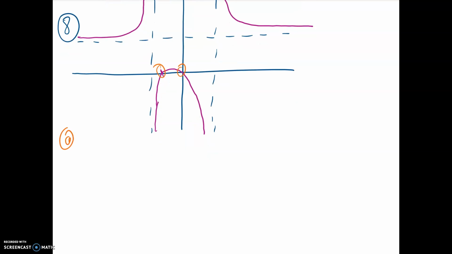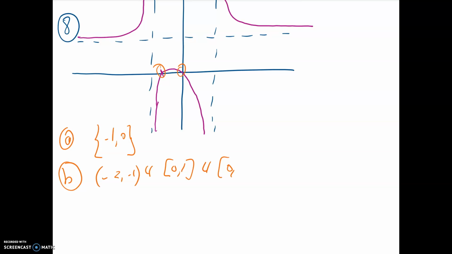So for A, I'm going to have a set of solutions, negative 1, 0. For B, it's going to be negative 2, negative 1, union 0, 1, union 1, 2.